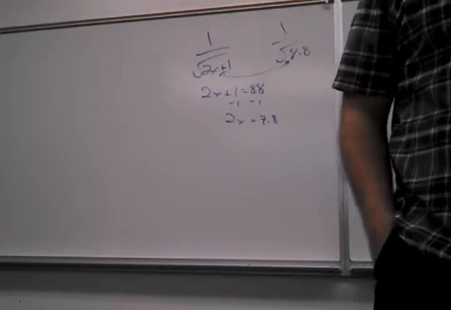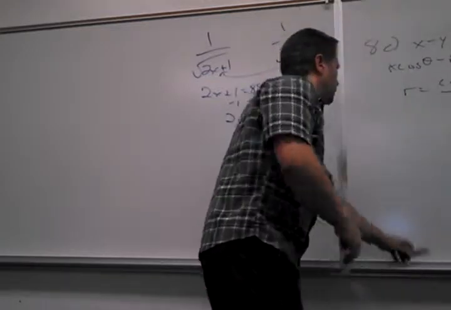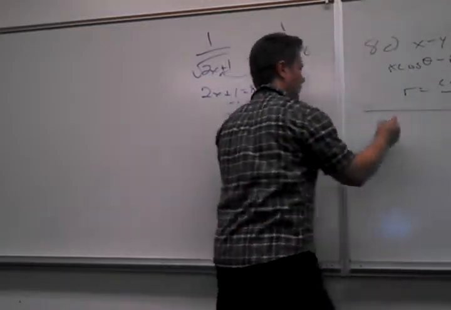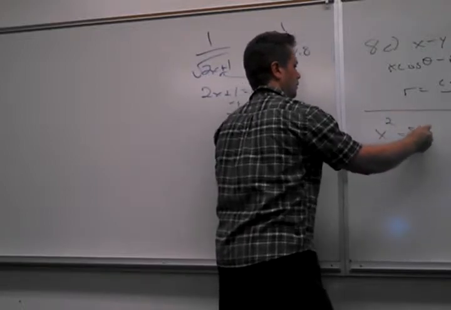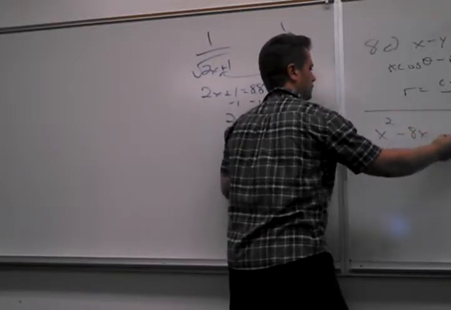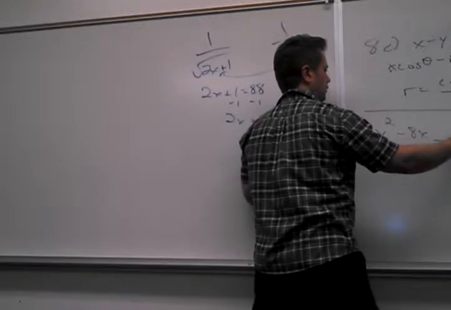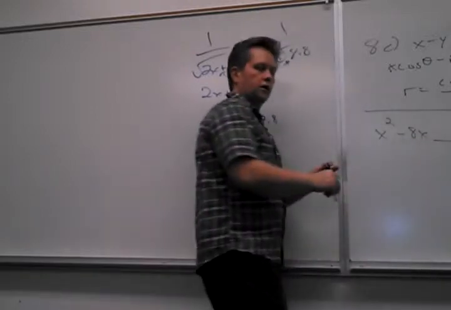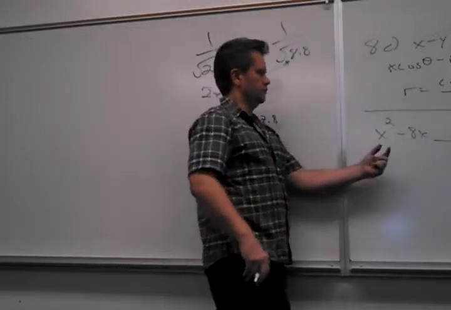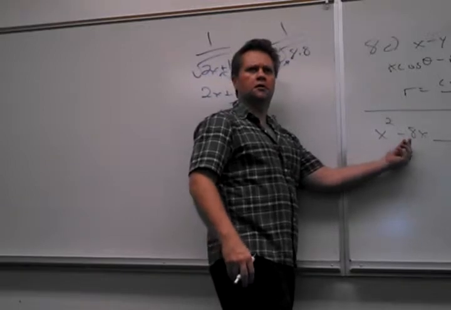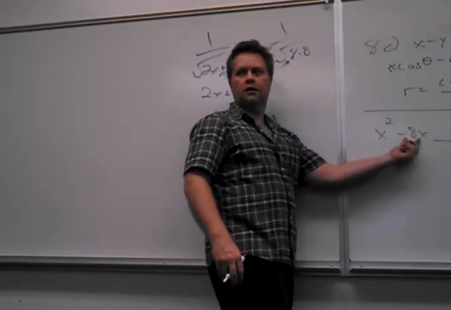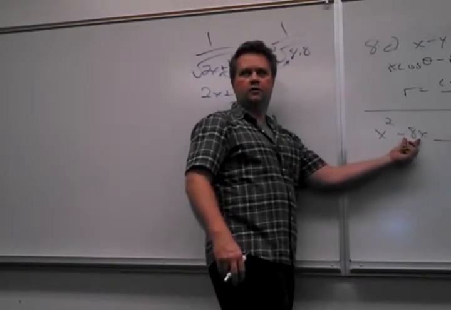If I had... what would I put there? So say I was solving this equation. How do you complete the square? Good. Half of 8 is 4.